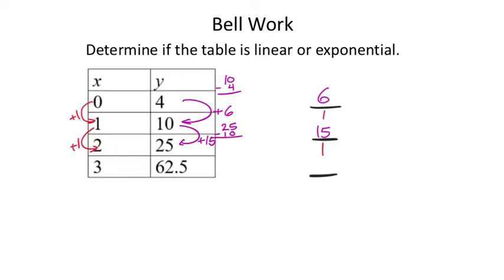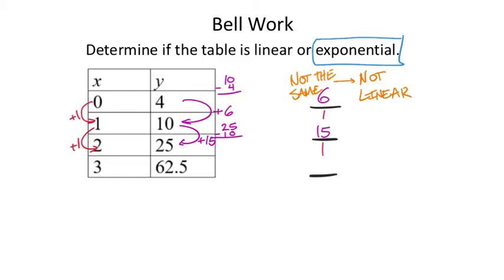So 6 is definitely not the same as 15. So these are not the same. And the reason that's important is because since they're not the same, this one's not linear. So having only two options, that tells us that this one is exponential.